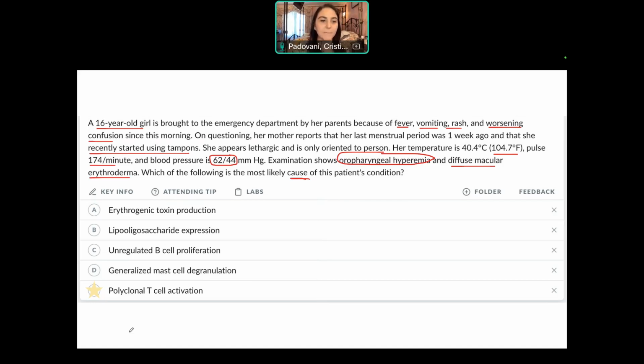I think all these answer choices are great, but remember this is how toxic shock syndrome toxin works. You get non-specific T cell activation, like every single T cell in the entire body, and then you get shock from that. Cool.